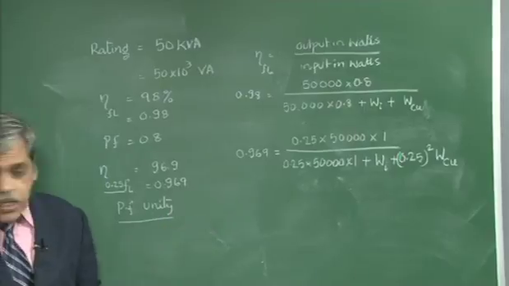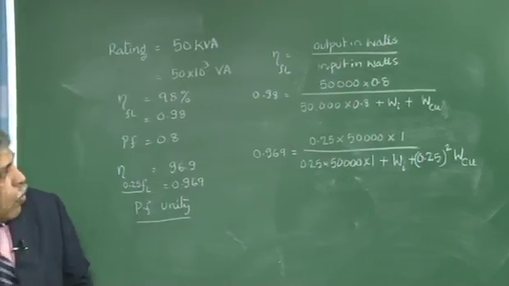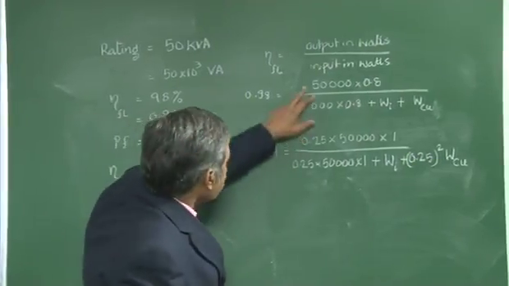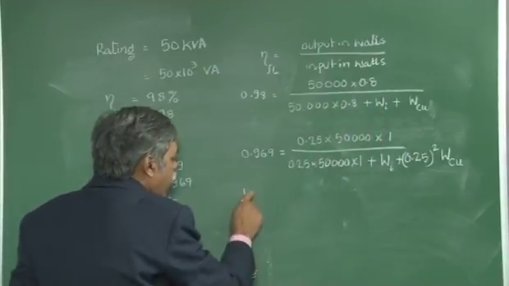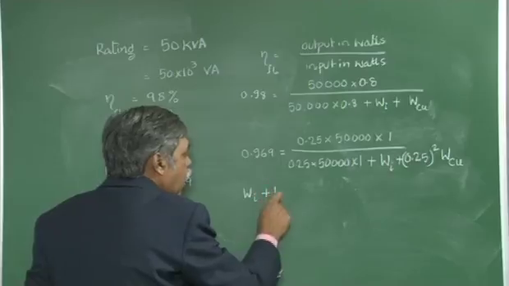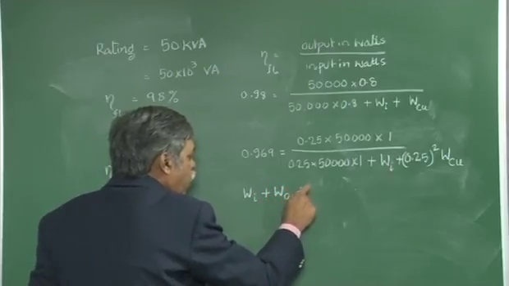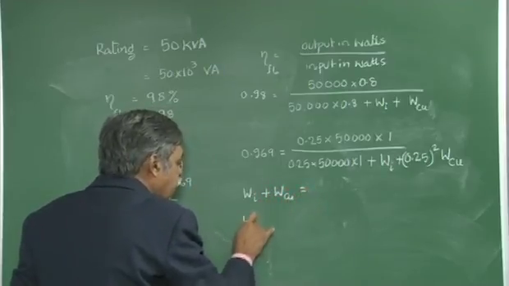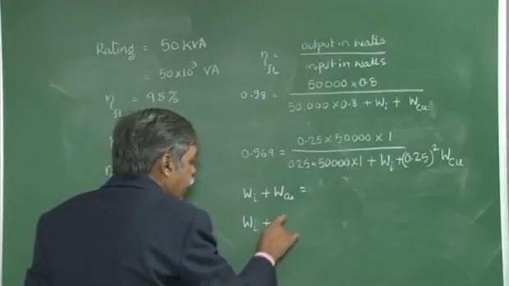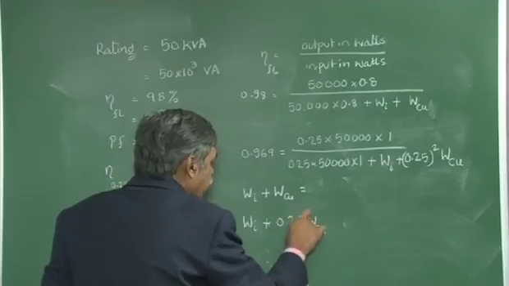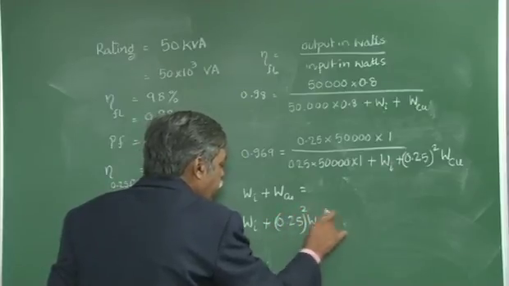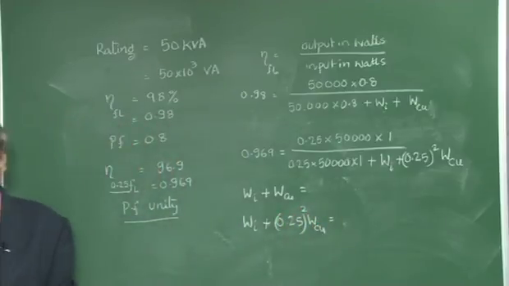In this expression I know the input in both conditions, therefore from the first equation I should calculate the total loss under full load condition, and from the second equation the total loss under 25% load condition. Solving these two equations you will get the iron loss and copper loss.